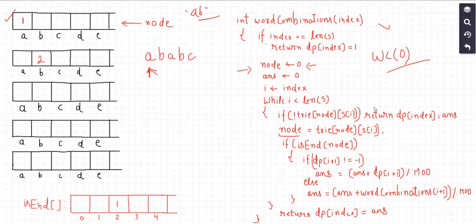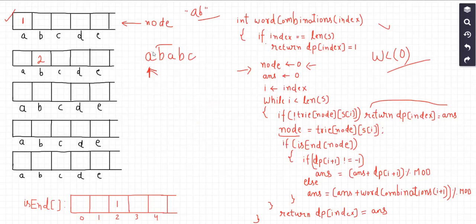If it is the case, then I simply return from there, because I've got that this character is not present. For instance, if I start from B, so let's say the function is called at index 1 and node is initialized to 0. I see in node 0 B is unmarked. So B is unmarked, that means there is no word that I have inserted in the trie which starts from the character B, and that's why I return the answer which I have already computed after I store it in the DP array for the sake of memoization.